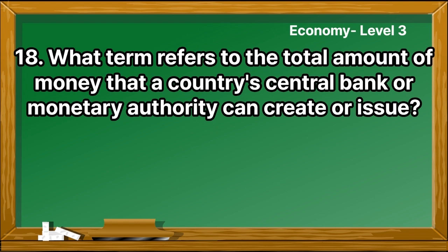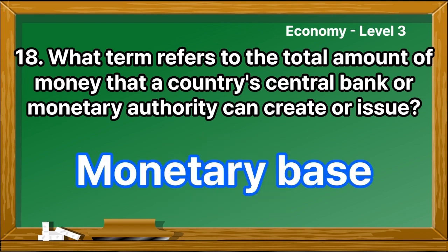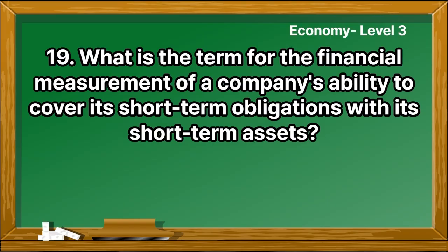What term refers to the total amount of money that a country's central bank or monetary authority can create or issue? Monetary base. What is the term for the financial measurement of a company's ability to cover its short-term obligations with its short-term assets?